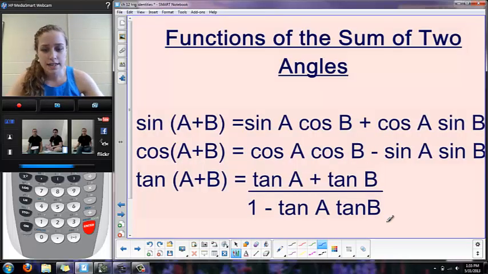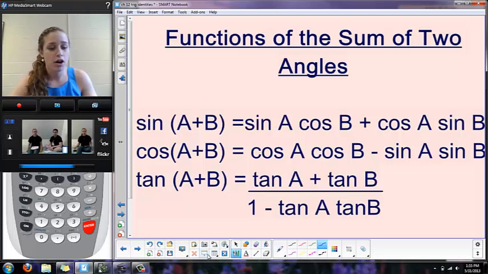Instead, we have different equations to find the sine of A plus B, the cosine of A plus B, the tangent of A plus B. These equations look kind of long and annoying, but number one, you don't have to memorize them. They're given to you on the Regents exam.